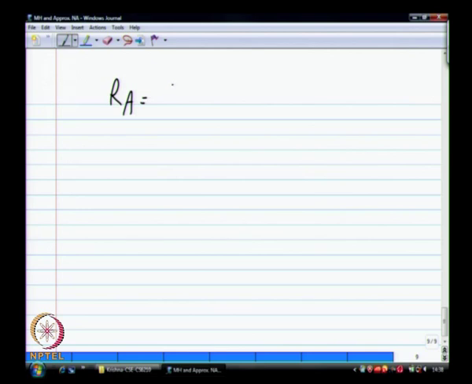So this is going to be SA, which is 0.3, 1 plus again. And what is this going to be? 2.2.